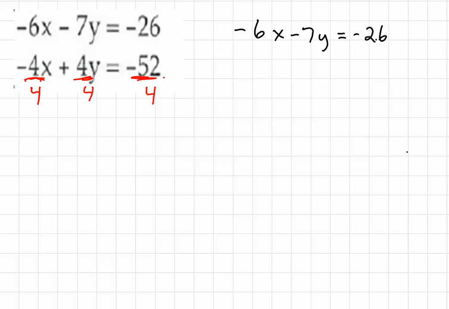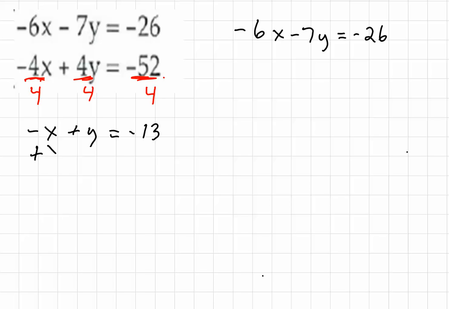And then I'm going to simplify the second equation. That'll give us minus x plus y equals minus 13. Now at this point we want to rewrite this based on either x or y, and we can do either one, but since the y has a positive number and the x has a negative number, I'm going to rewrite this in terms of y.